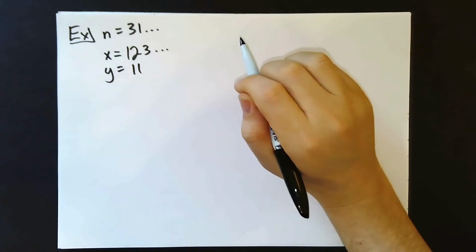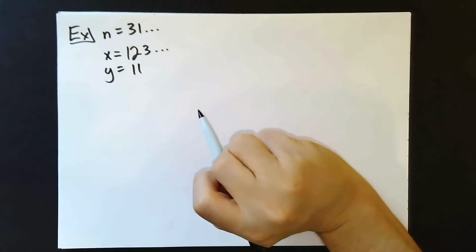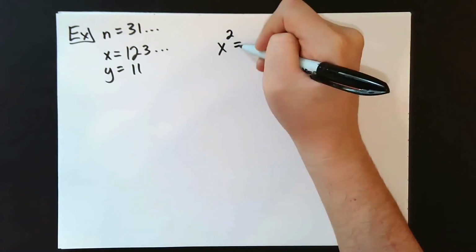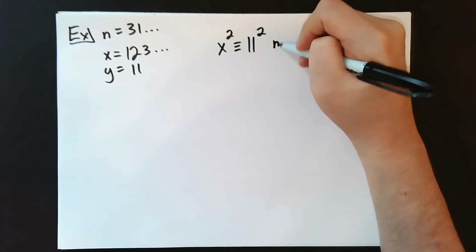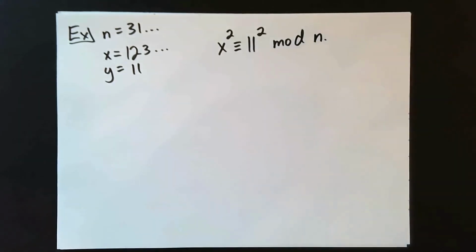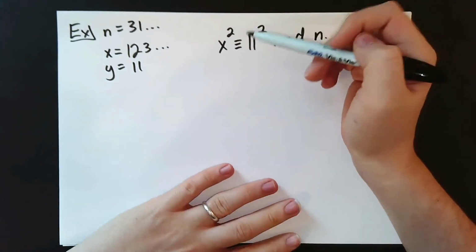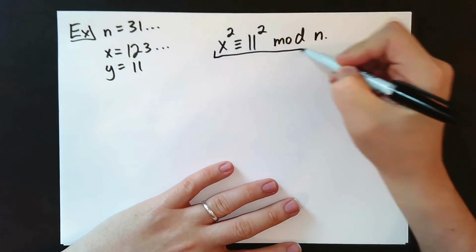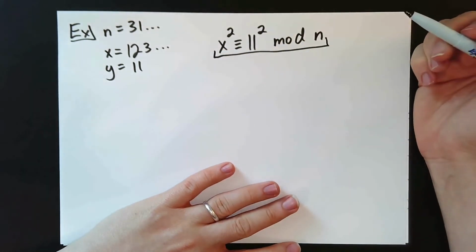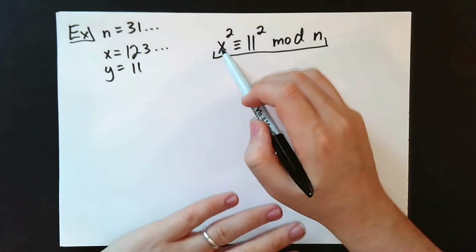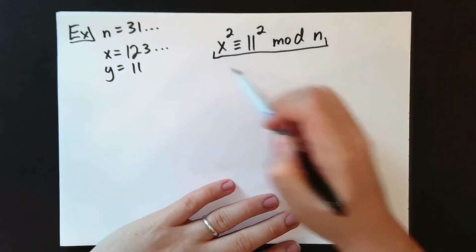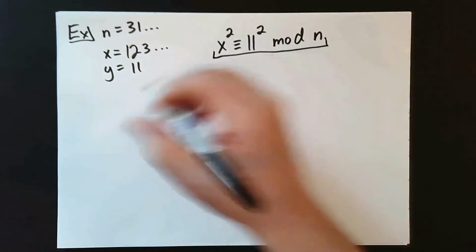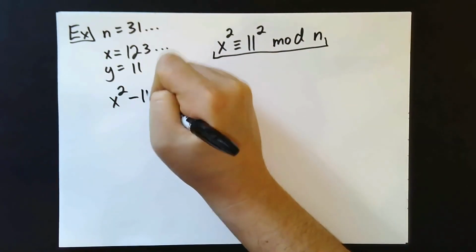And so what we observed with the calculation we happened to make is that x squared is congruent to 11 squared mod n. Now, I want to show you how knowing this fact is enough to factor n. So I want to break down this equation and write what it really means. I'm going to bring the 11 over.